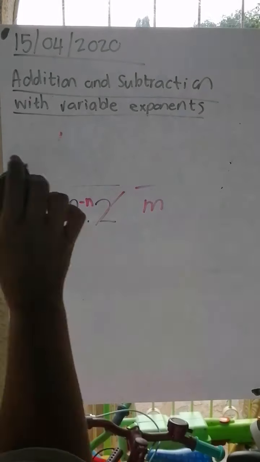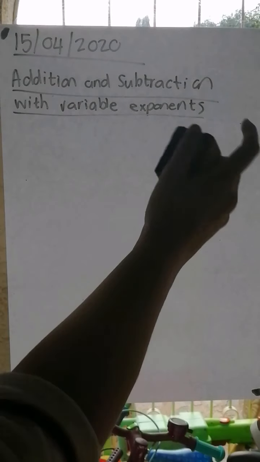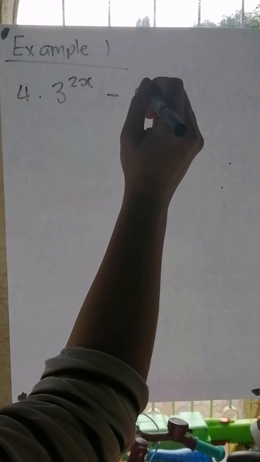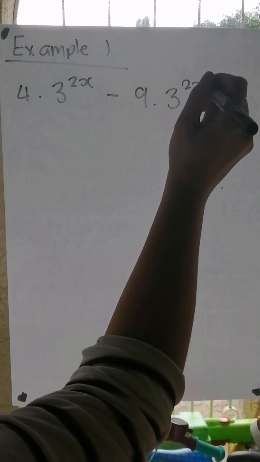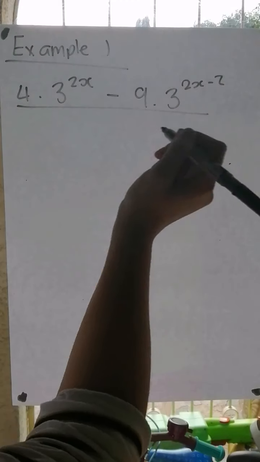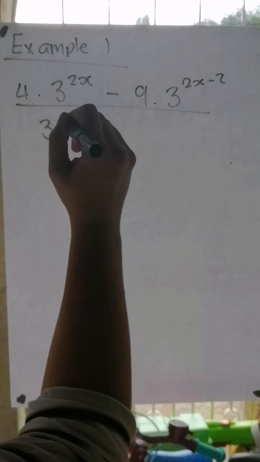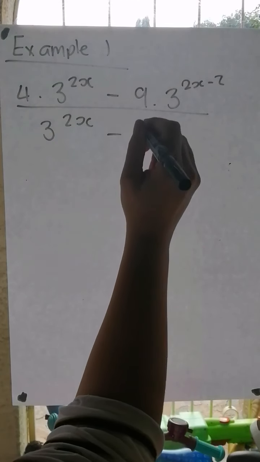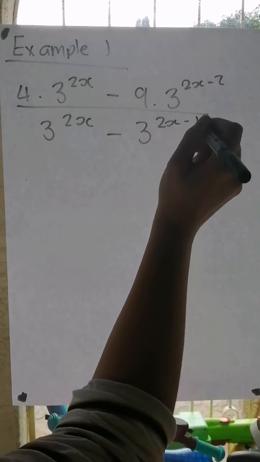With today's lesson, however, when we've got addition and subtraction, if we just take our very first example and the difference, so example 1, it says simplify 4 times 3 to the power of 2x minus 9 times 3 to the power of 2x minus 2, all over 3 to the power of 2x minus 3 to the power of 2x minus 1.